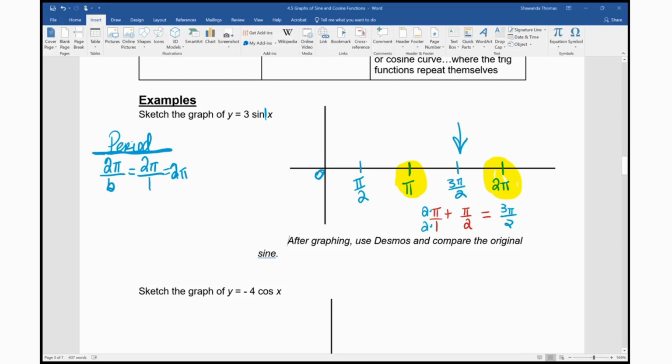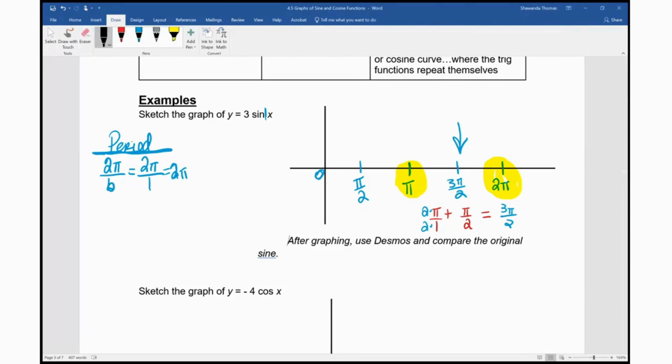So, for example, if we had to average those, then we would do pi plus 2 pi divided by what number? 2, right? So that's 3 pi over 2.